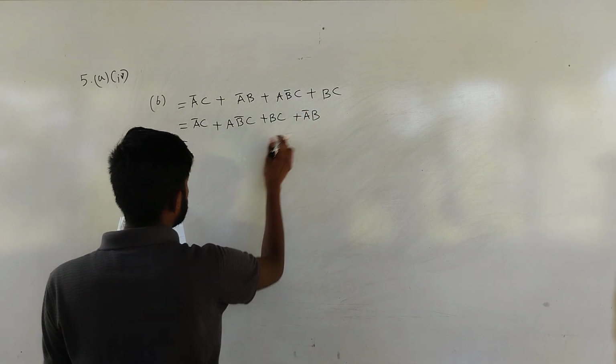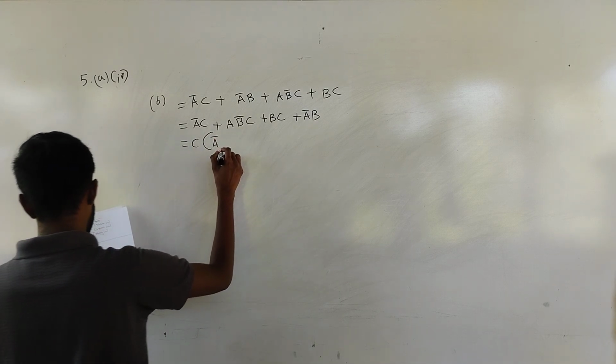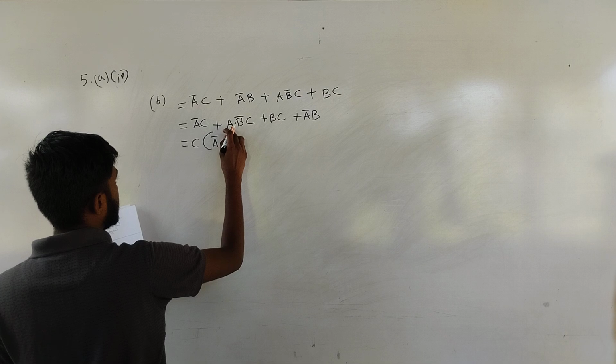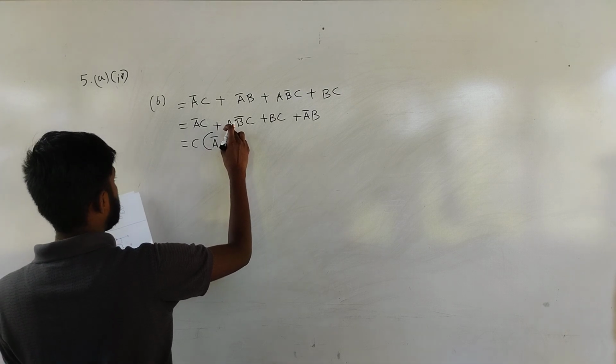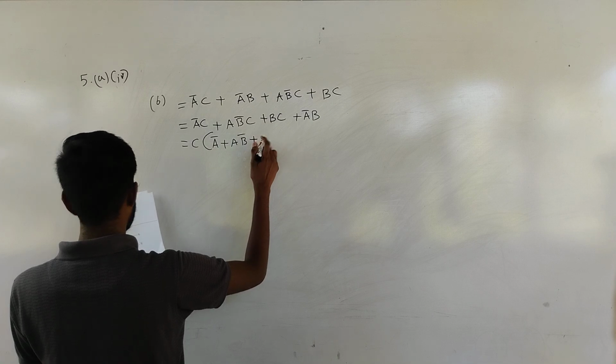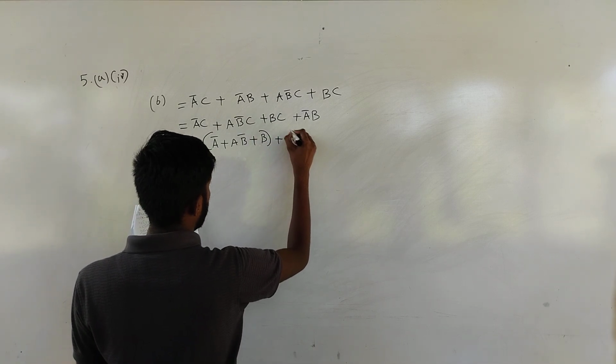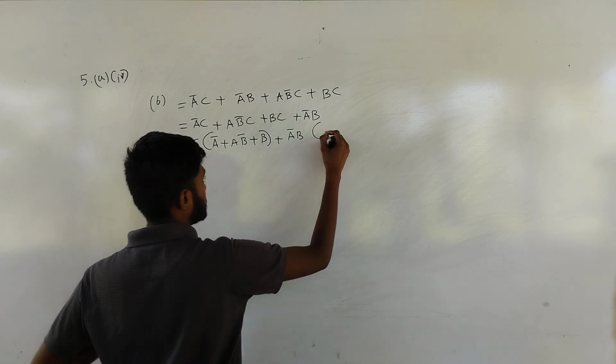So you can see C is common. Take C common out. So here we will be getting A bar plus here we will be getting A B bar, and here you will be getting B. Then here this is as it is, A bar B. What is the law? Distributive law.